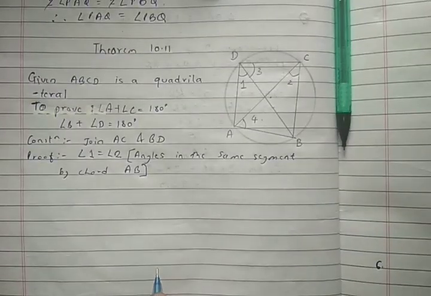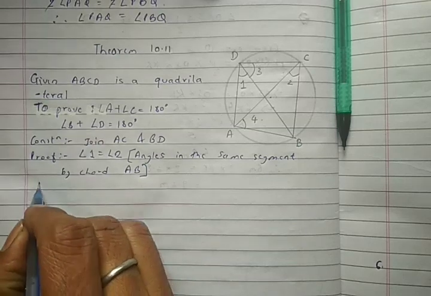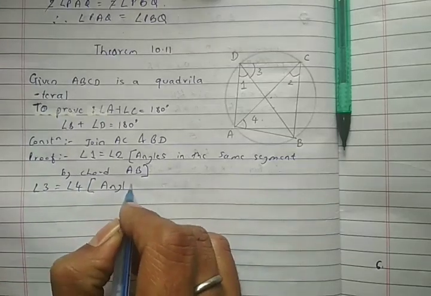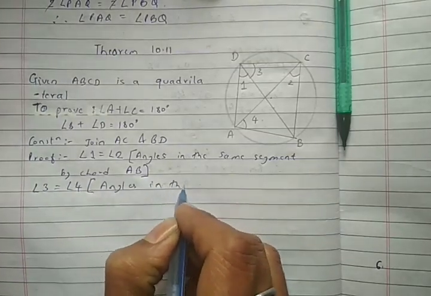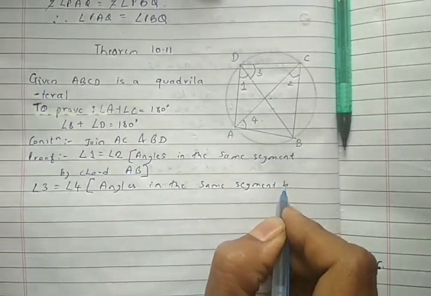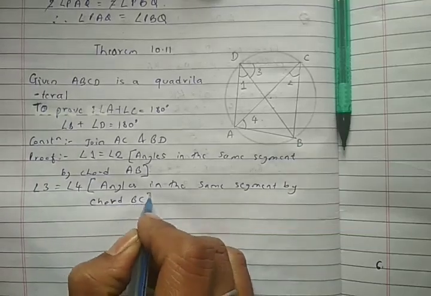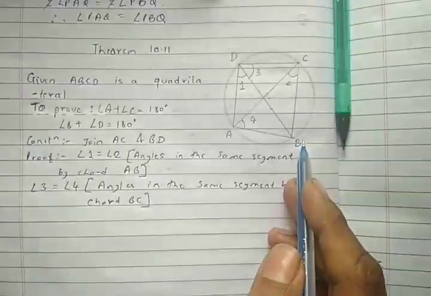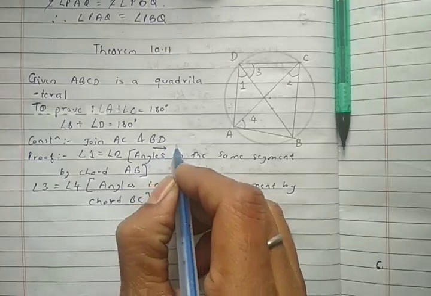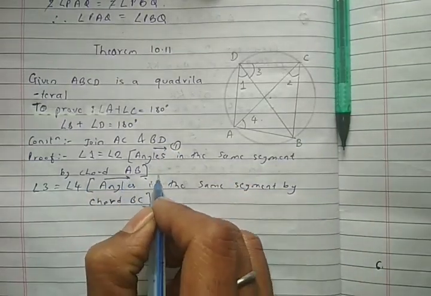In similar manner, we can say angle 3 equal to angle 4. Same reason, angle in the same segment by chord BC. So these both are equal. Now first we'll name this equation 1 and this as equation 2.